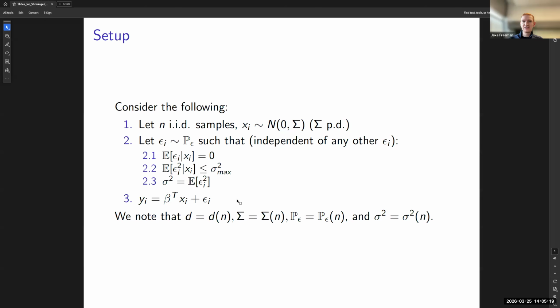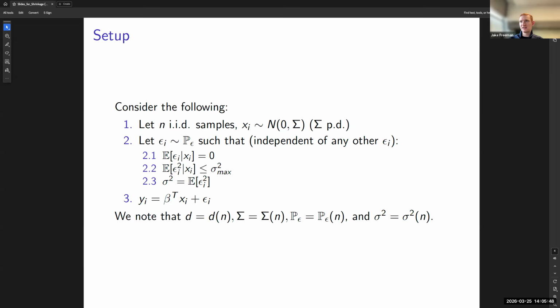Next slide. So we're going to consider the setup where we have n IID samples, all Gaussian with some positive definite covariance matrix. And then we have some assumptions on our noise. The idea here is we want it to be bounded conditionally on our covariates, and mean zero is the big idea.